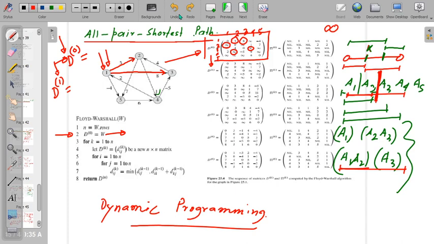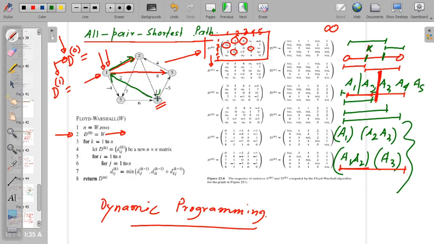Okay. So now you see this. Whenever I have discovered this one, and whenever I am filling this D1, at that time I am considering 4 via 1. Is there any other path to any other vertices? I am seeing that from 4 to 1 and then 1 to 2, I am having a path.